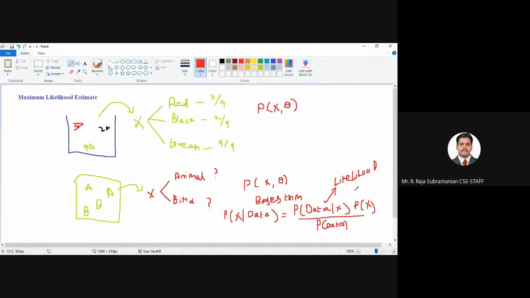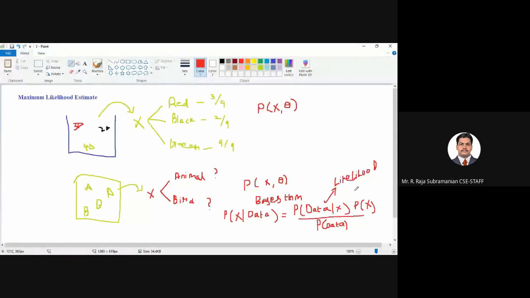There I need to estimate something called the beta value. That beta value should be estimated with respect to my error value sigma. I need to estimate beta given sigma. Sigma should be as minimum as possible so that I can get a better beta parameter value.